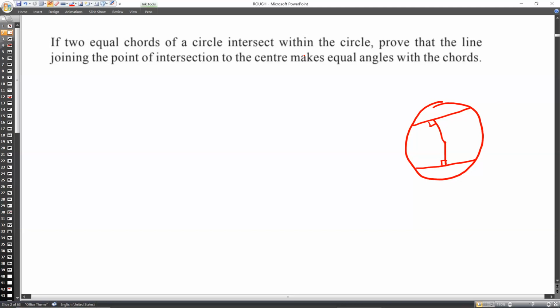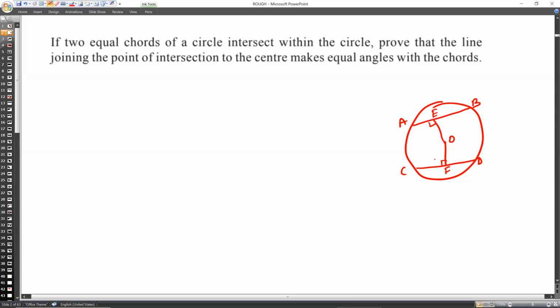So we have done this type of theorem, and in this theorem we have AB equals CD, and this is E and this is F. In the previous class we discussed that if the two chords are equal, then their perpendicular distances from the center are equal.